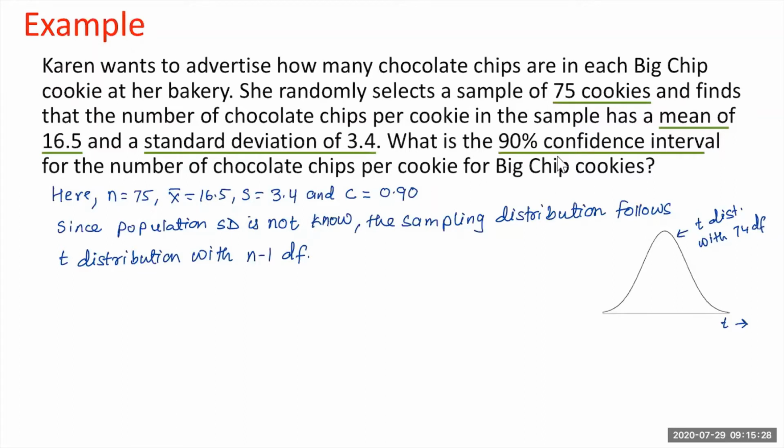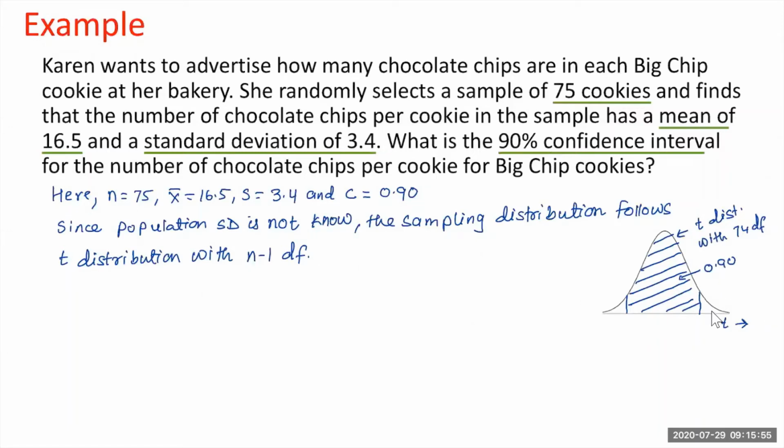And we are looking for the 90% confidence interval. So in the middle, the area is 90%, or 0.90.